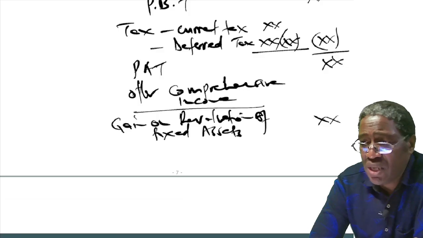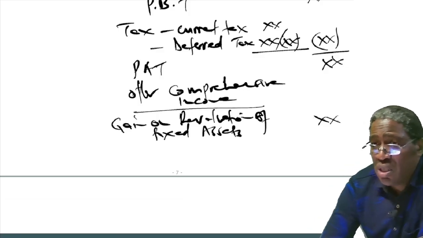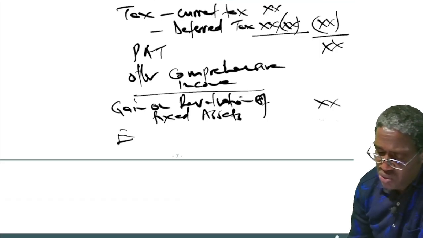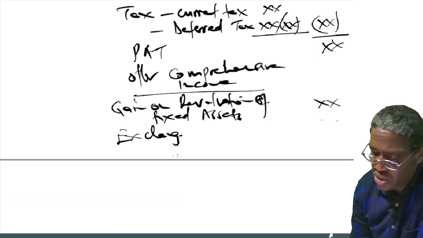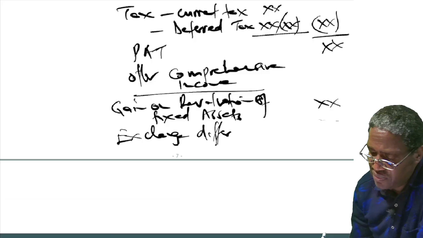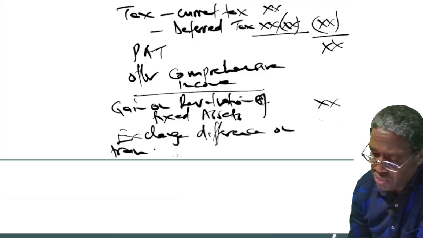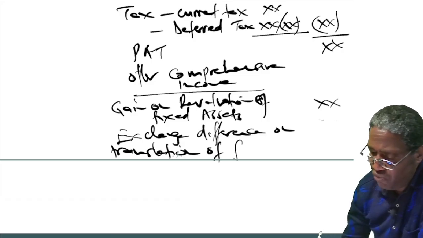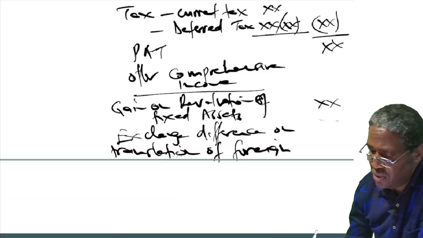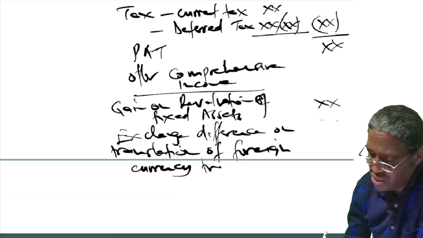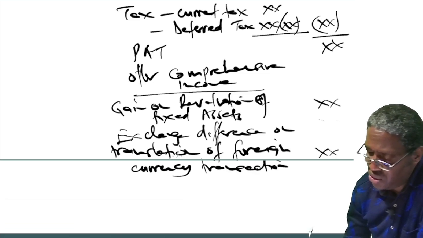That was one example of other comprehensive income. The other one was what we were calling exchange difference on translation of foreign currency transactions. Foreign currency transactions, whatever it is.